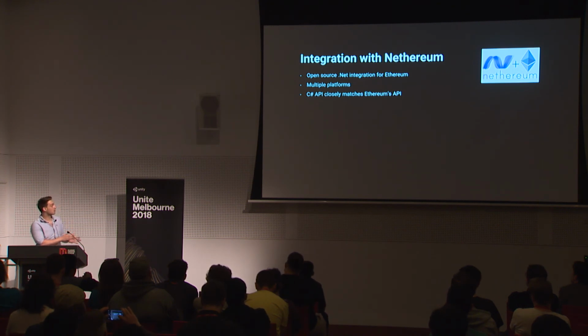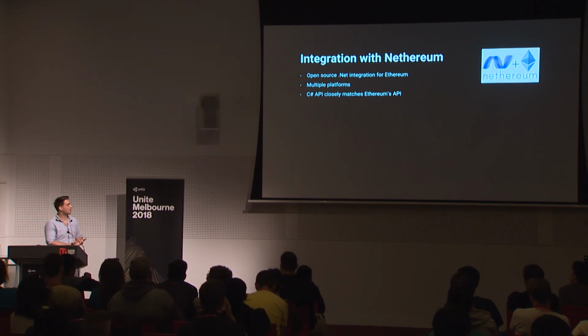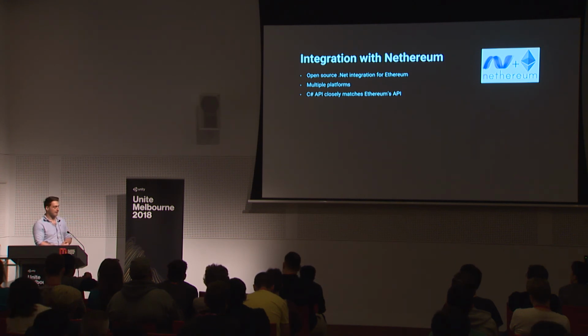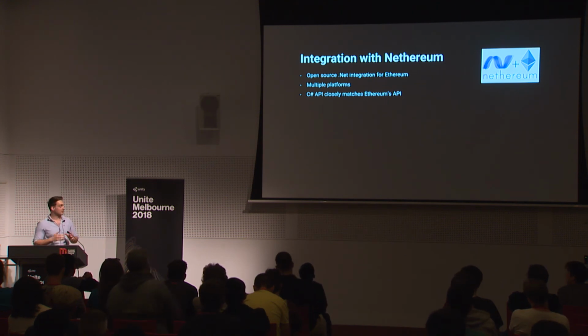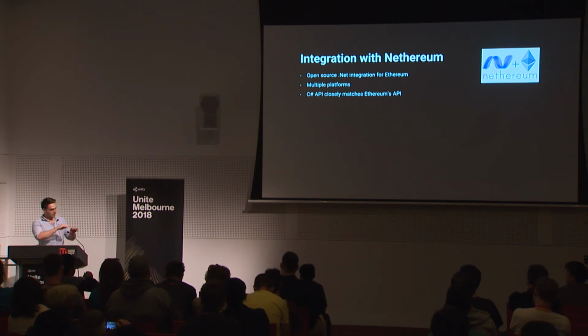It supports multiple platforms, so mobile, iOS, Android, Windows PC as well. There's a C# API that very closely matches Ethereum's API, so it's quite low level. It's like a native integration of Ethereum, if you like, which does mean that you have to deal with some of that native side of things.